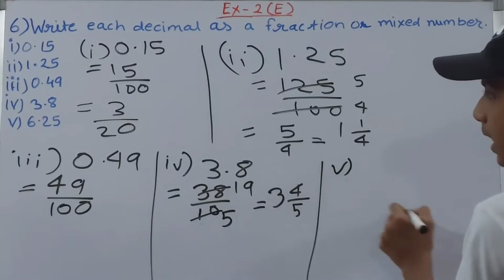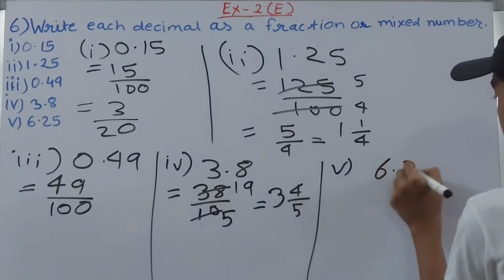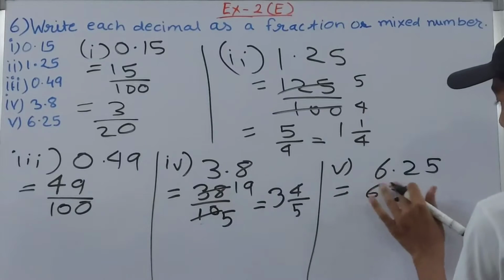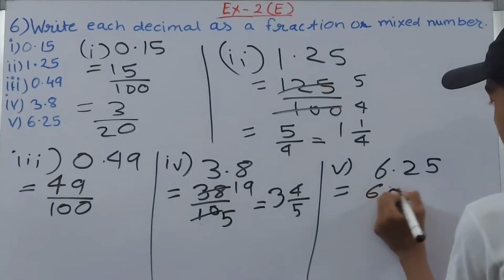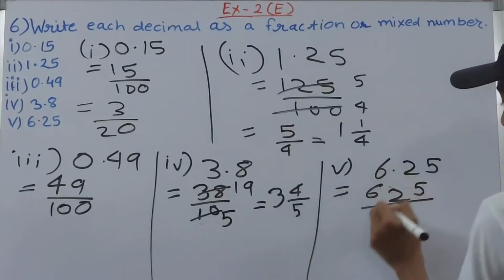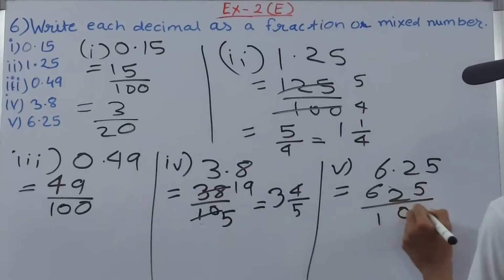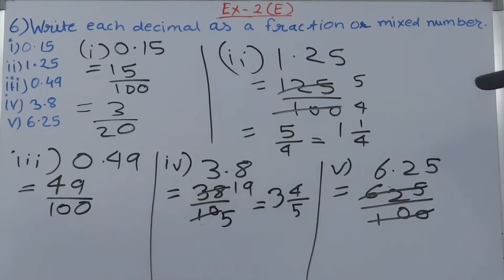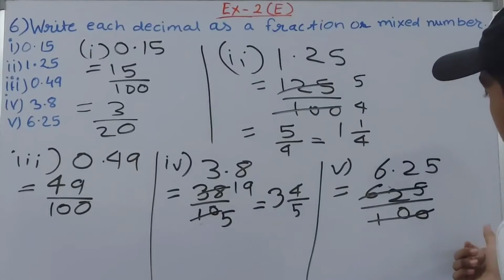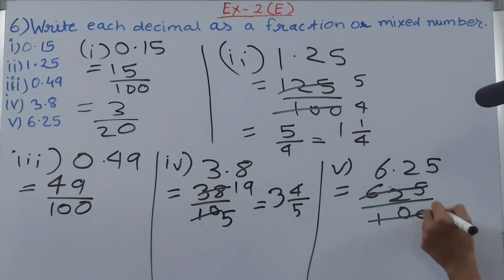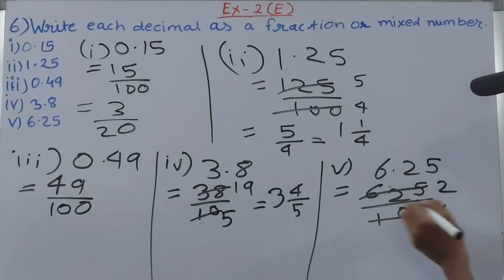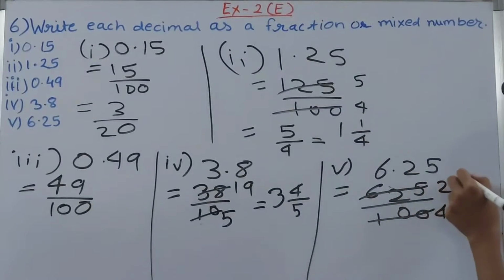Then the fifth one is 6.25, so it becomes 625 in the numerator, upon 1 followed by 2 zeros, because after the decimal we have 2 places. We cancel this with 25: 625 divided by 25 is 25, and 100 divided by 25 is 4.